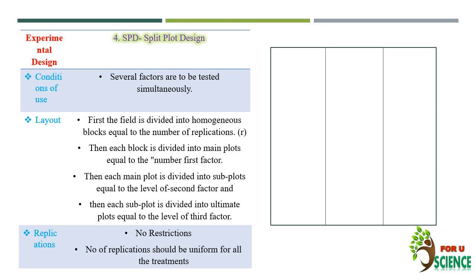Suppose our first factor is irrigation. We divide it into 3 different main plots, that is MP1, MP2 and MP3. That means we are assessing them in a larger area.